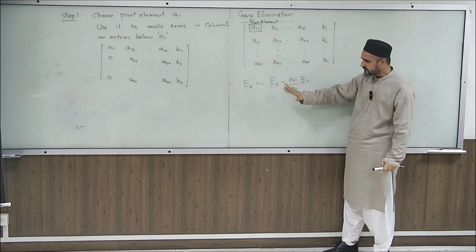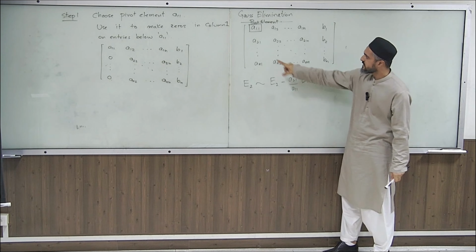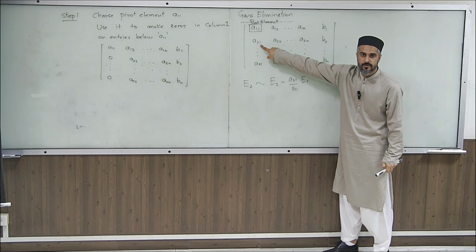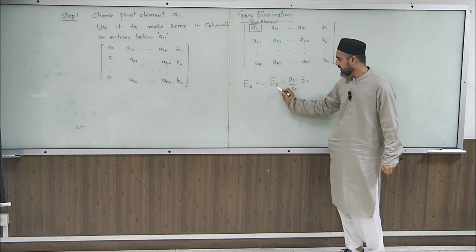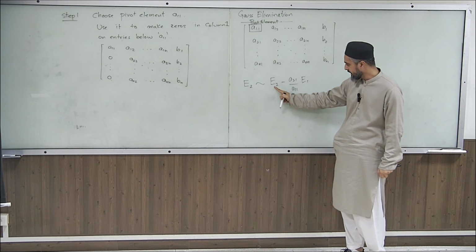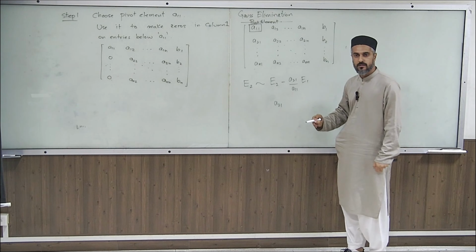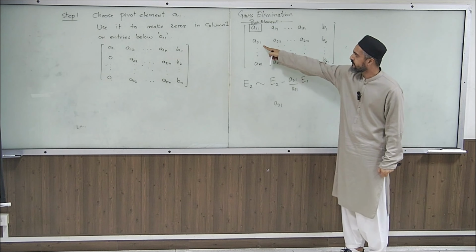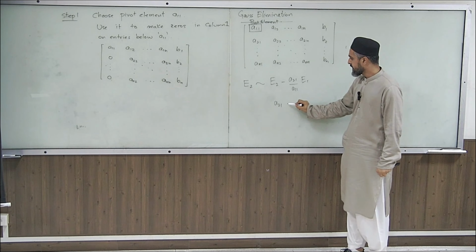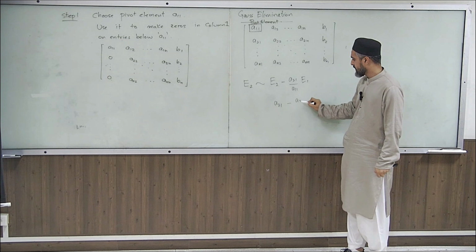Let's try to see this. So what is the number at equation number 2? A21. So I'm just going to write equation number 2. It is A21. So I'm talking about the first position, minus, so this is fixed. What is the corresponding number to A21? It is A11. So it means it's going to cancel.